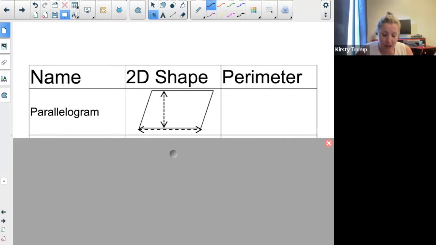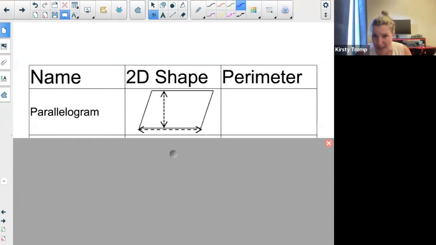Here we go. So the first shape we're looking at here is a parallelogram. I know you guys have looked at parallelograms for Teacher Cat, and I'm sure you've looked at them in geometry, but let's look at a parallelogram.